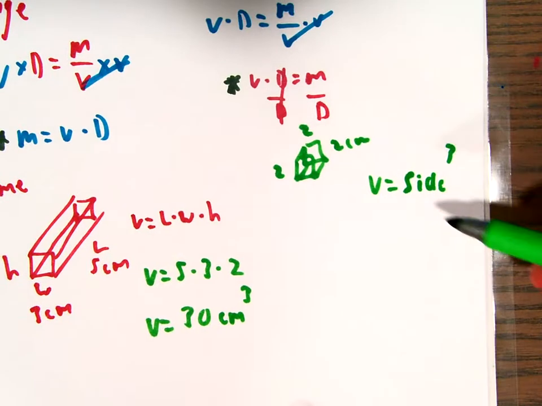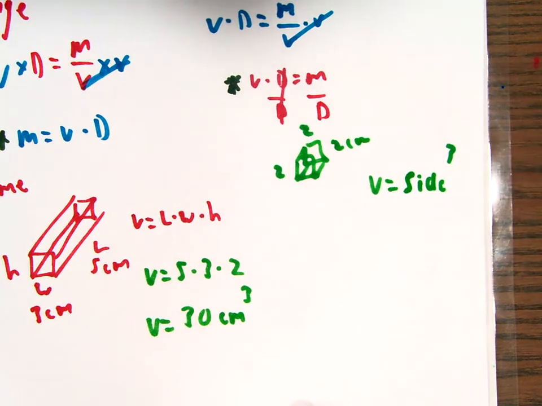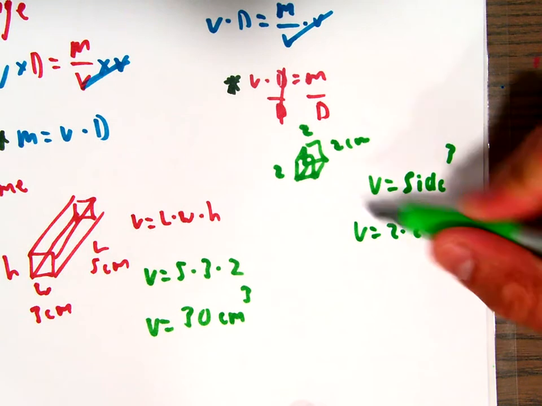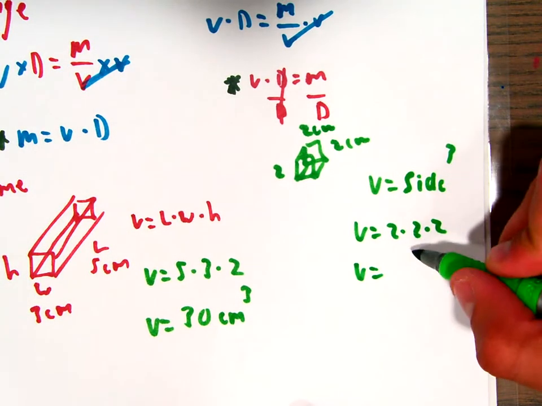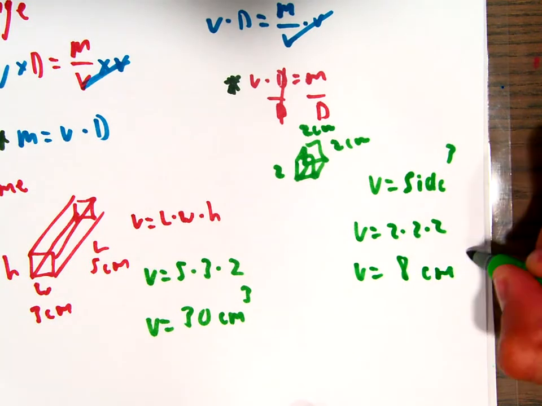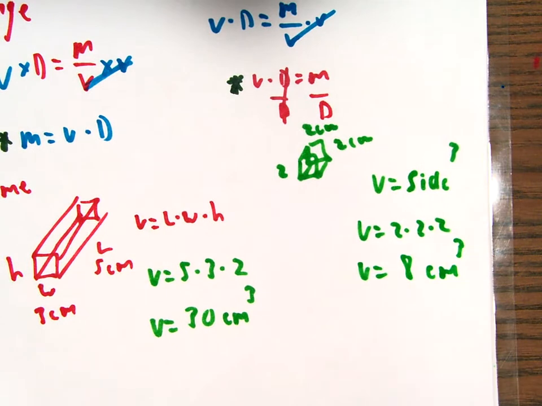So side, or you can think about it as width, to the third power. In this example, it would just be 2 times 2 times 2. Let's say these are centimeters, so my volume would be 2 times 2, which is 4, times 2, 8 centimeters cubed. Same thing as before, just that all the sides are the same.